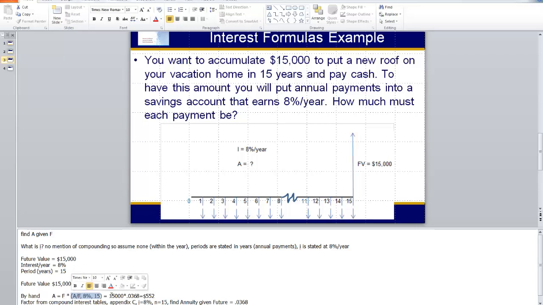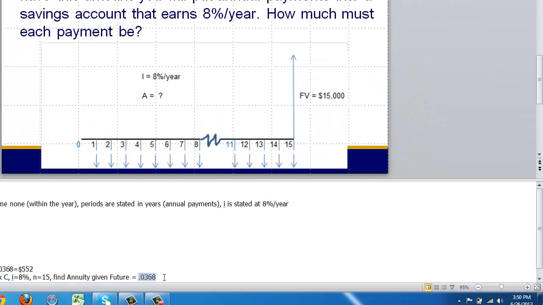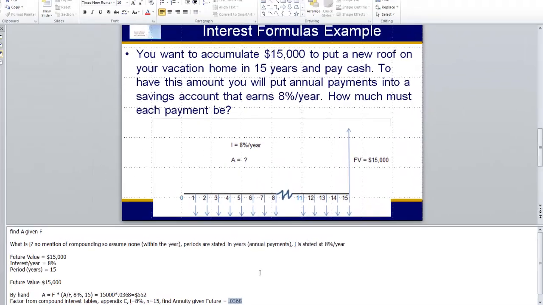So our future value we know is $15,000, and we get this factor, find the annuity given the future at 8% over 15 years, from the compound interest tables. We go to the table where the interest rate is 8%, we go to the row where n equals 15, and then we go across until we find the column that says find the annuity given the future, and you'll find that factor is 0.0368.